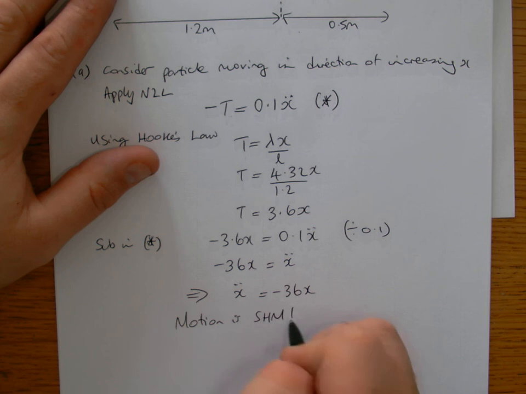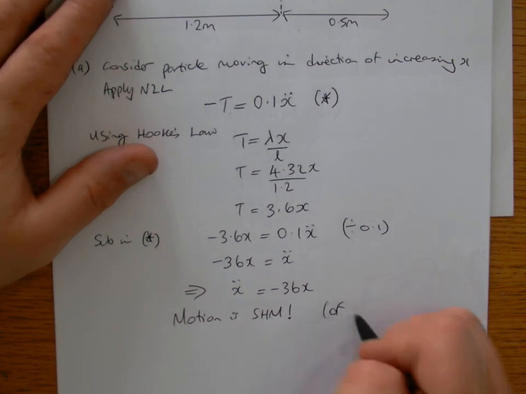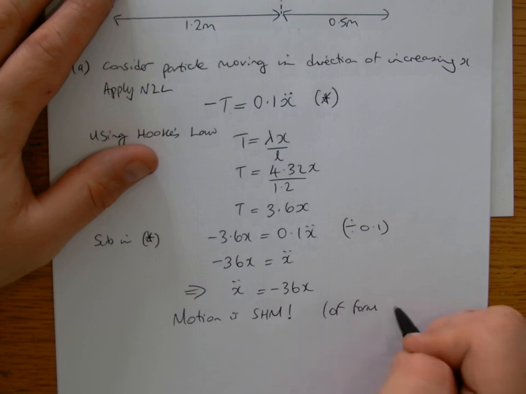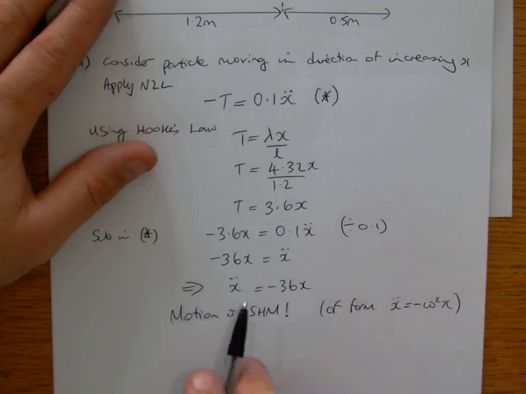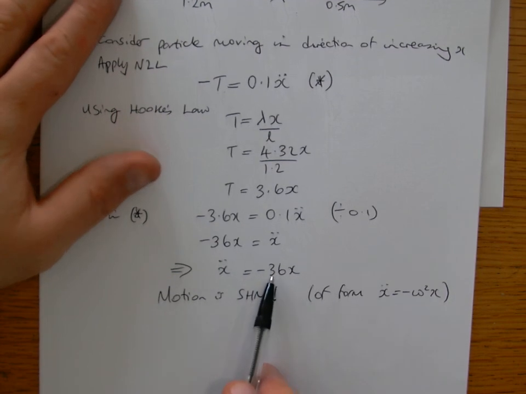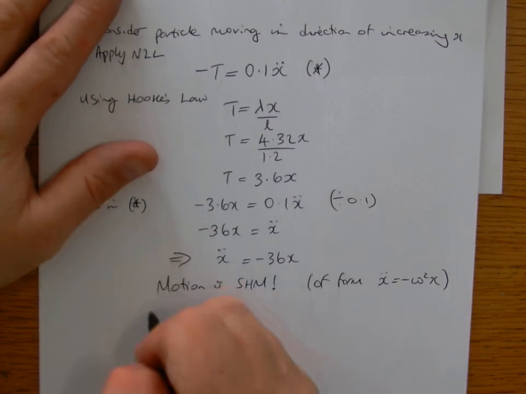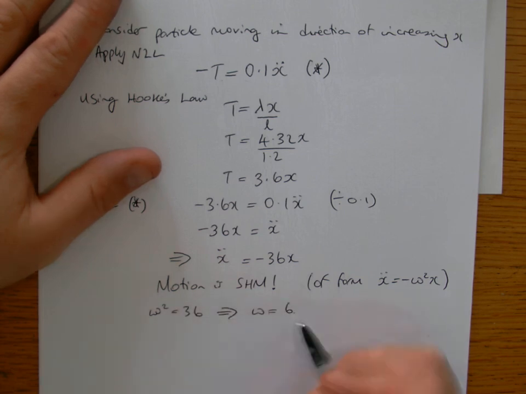We've proved it mathematically because it's of the form of SHM, which is x double dot equals minus omega squared x. It's exactly that form. From that, we can tell what omega is, because omega squared is 36, which implies omega is the square root of that, which is 6.